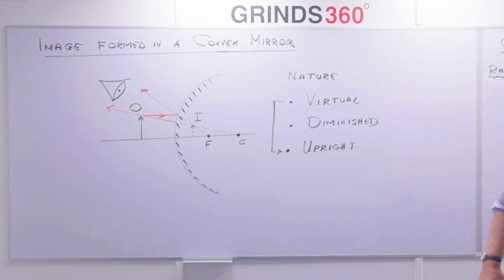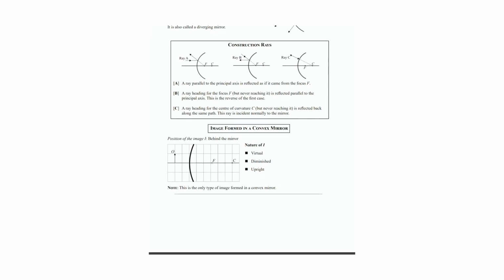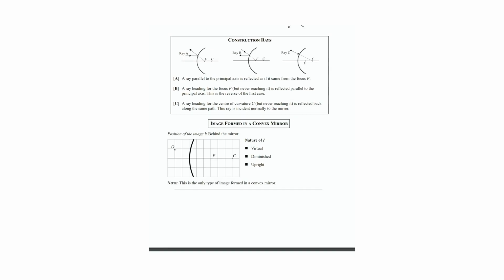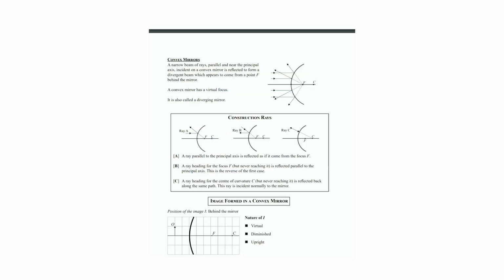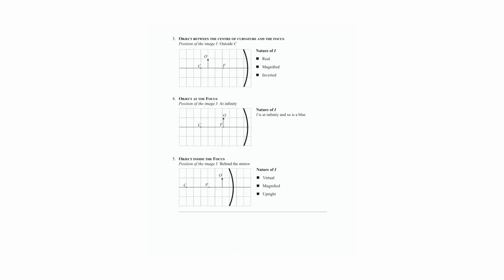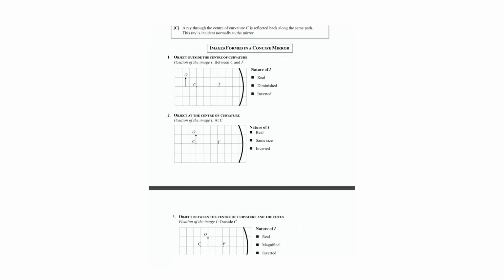What I need you to be able to do, and this is important, is practice doing all your mirror diagrams. So there's going to be a worksheet on your website. Download that and practice drawing the one image you need in a convex mirror. And then further back, you've got the 5 different images that you get in a concave mirror.